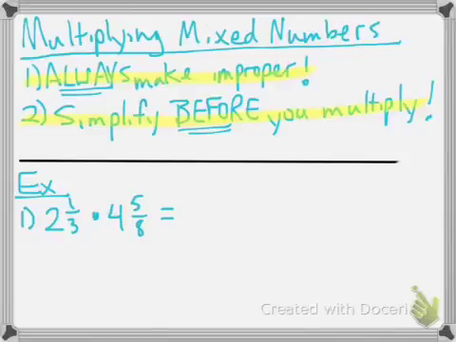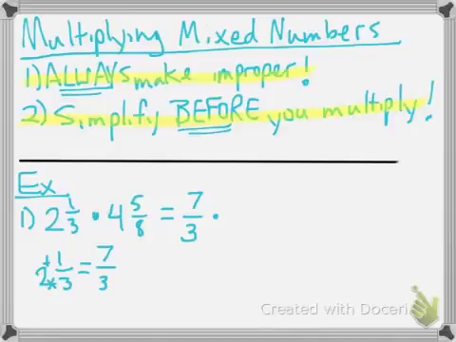So number 1, we see 2 1/3 times 4 5/8. So let's take 2 1/3 and remember that we need to multiply our whole number times our denominator. 2 times 3, add 1 more. 2 times 3 is 6 plus 1 is 7. 7/3, our new improper fraction.